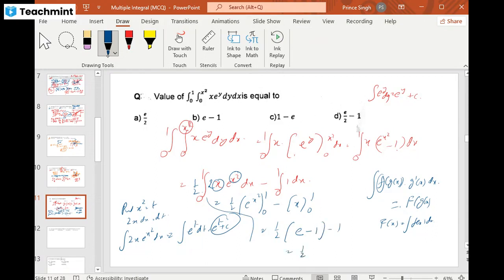So 1 by 2 e minus 1 by 2 minus 1 is minus 3 by 2. So the answer will be e minus 3 by 2.